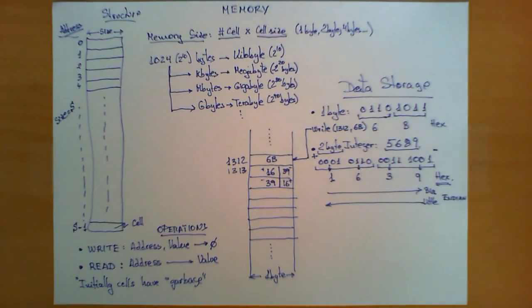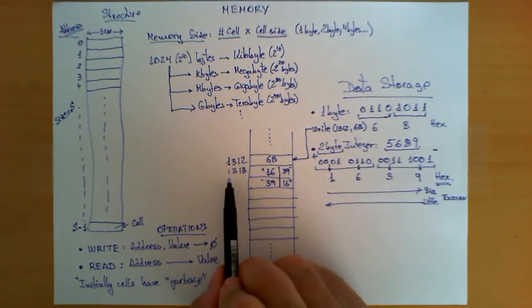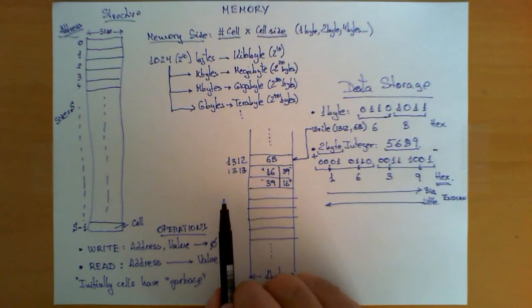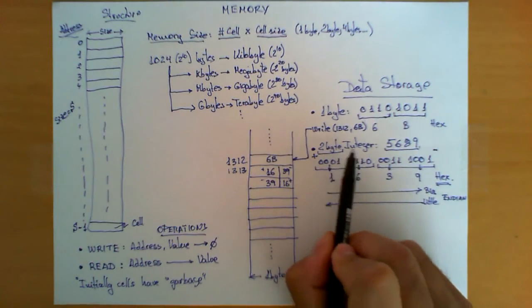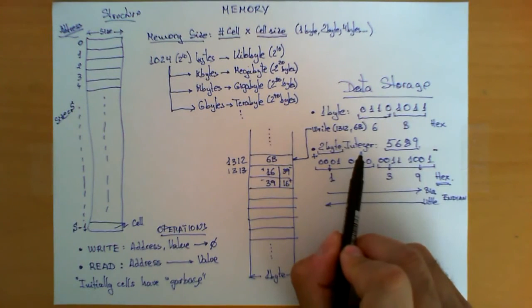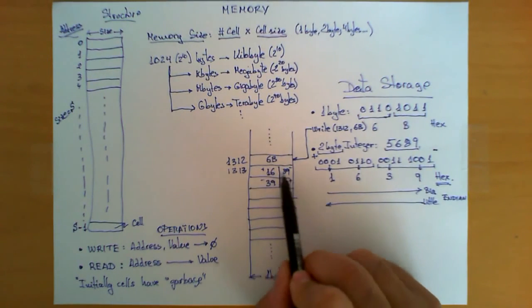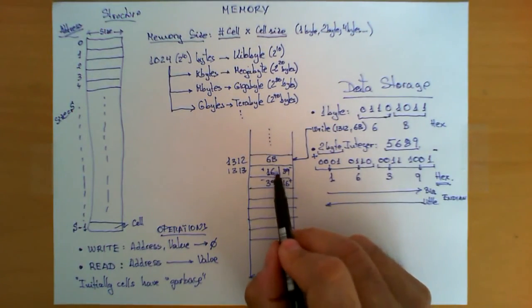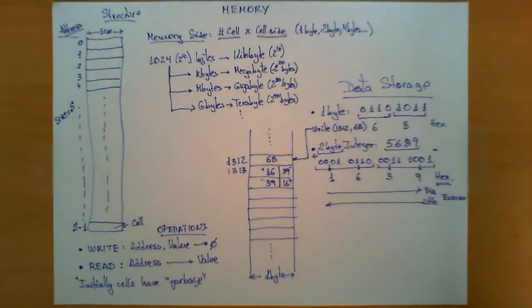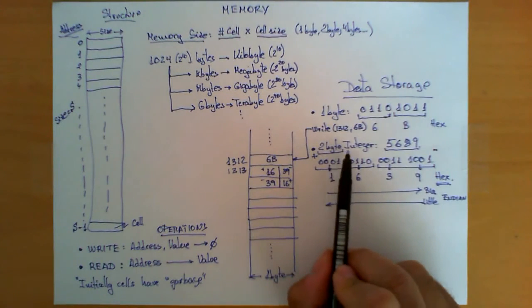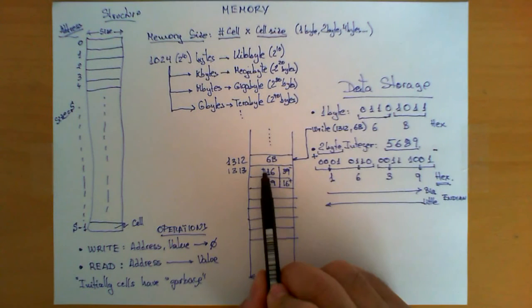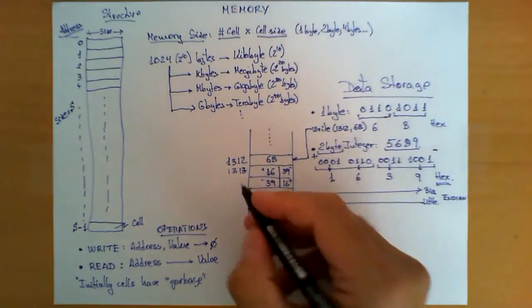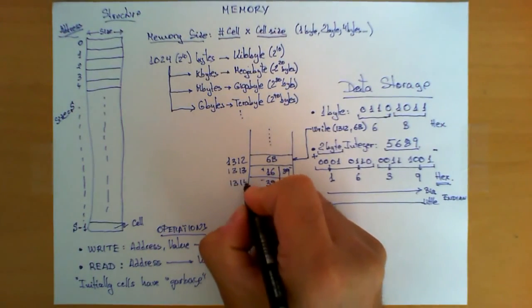What does it matter? Well, it only matters if I tell you that in position 1313 I have previously stored a 2-byte integer. Then I also need to tell you whether the policy used to store the number is little or big endian, so that you know the right order to get your bytes. The important thing to remember here is that the 2-byte integer takes 2 consecutive cells in memory, 1313 and 1314.